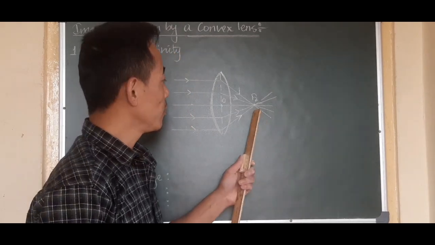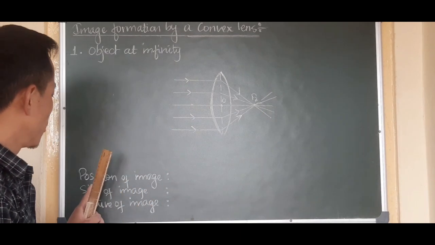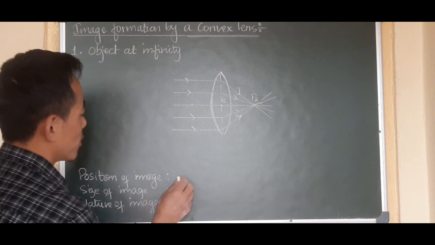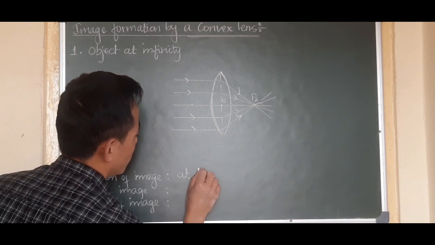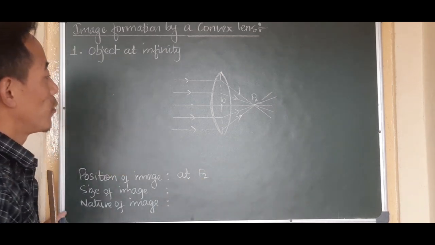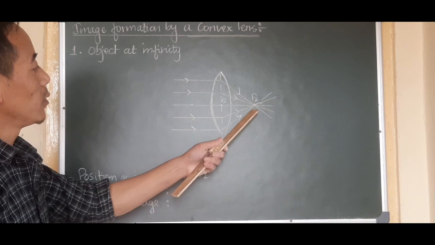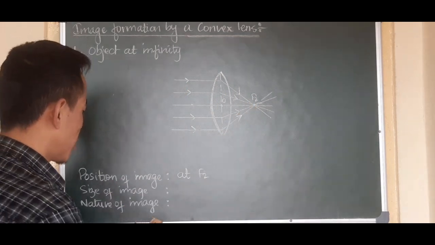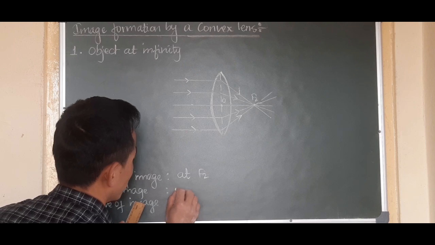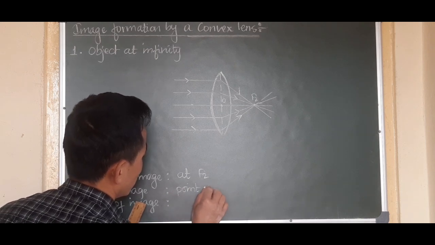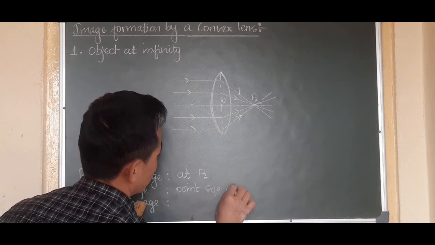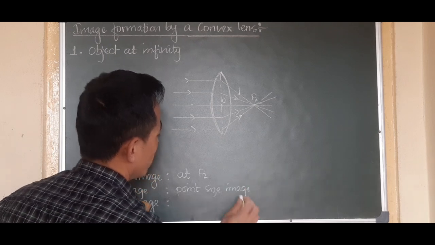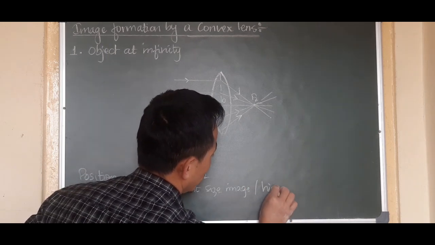And since f2 is a point, here we can write the position of the image. First of all, the image is formed at the second principal focus, that is f2. Now if you look at the size of the image, it is a point size image or highly diminished, you can write down. So you can write down point size image, or you can also write down highly diminished.